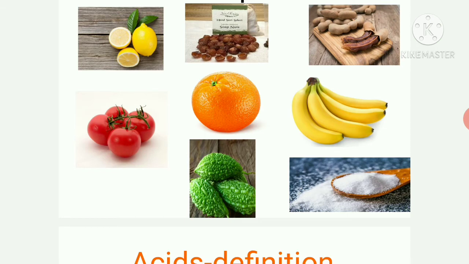Soapy tastes are called bases. Now, the other items. What is the taste of banana? Sweet. What is the taste of salt? It is not sour taste, not soapy taste. So, these are called neutral substances.